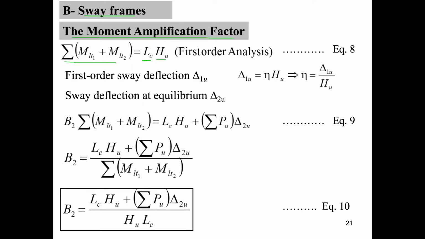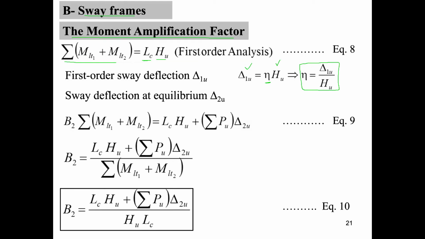We also have proven from first-order analysis that the first-order sway deflection delta 1u and the lateral load Hu are proportional, where eta is the constant of proportionality. Eta can be written as delta 1u over Hu.